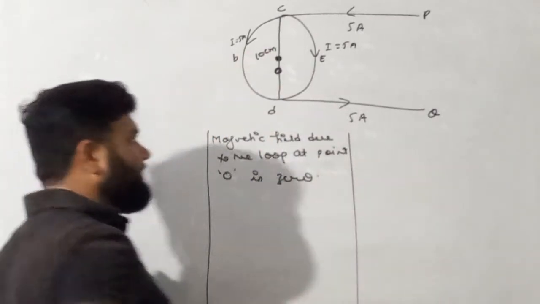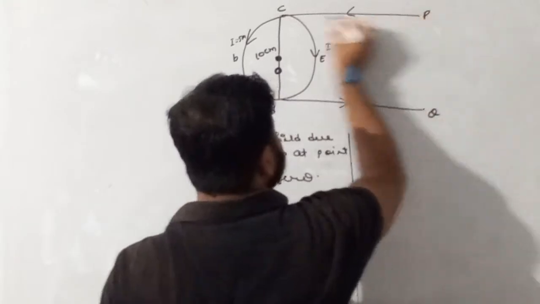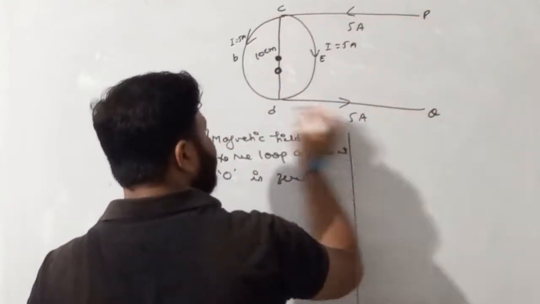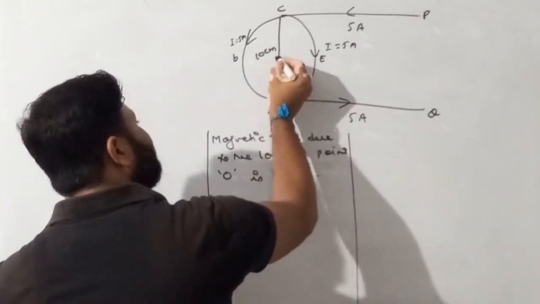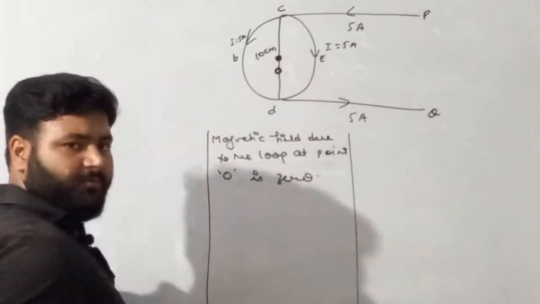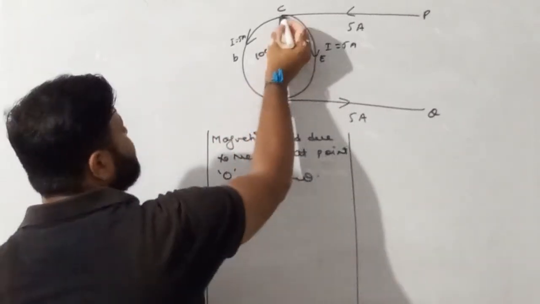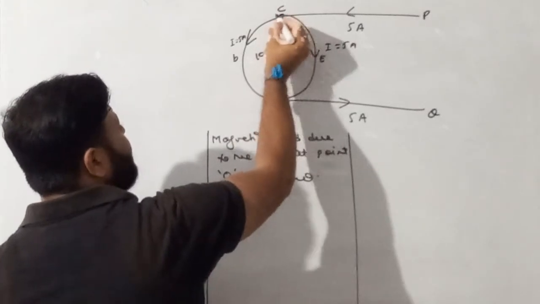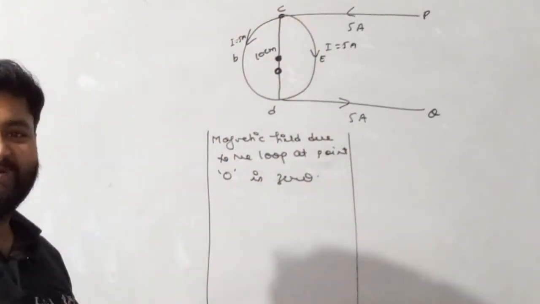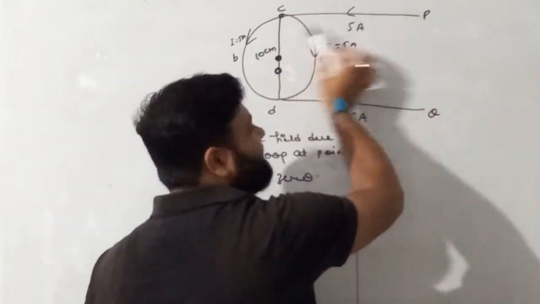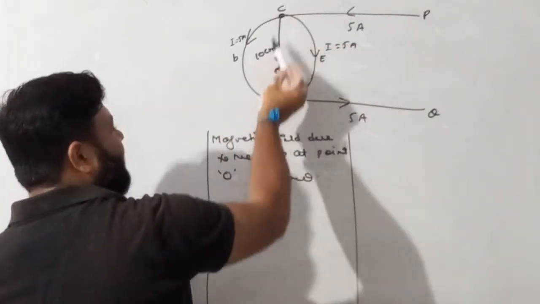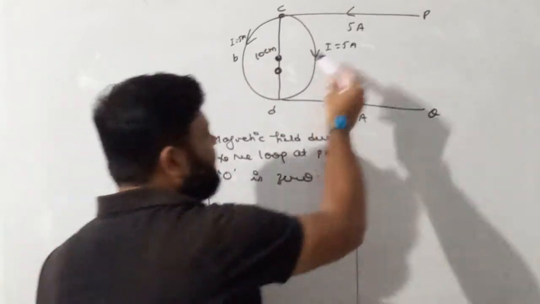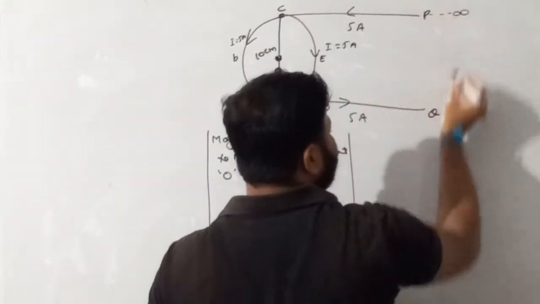Now moving forward. See my dear student, we have PC as one wire and QD as another wire. We want to find the magnetic field at point O, and this point O is present at one end of the wire, and the length of the wire is not given. So I am standing in front of one end of the wire and the other end tends to infinity.